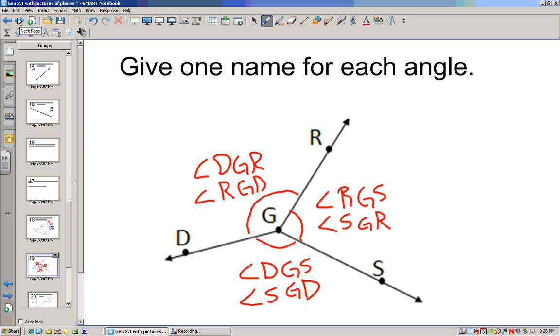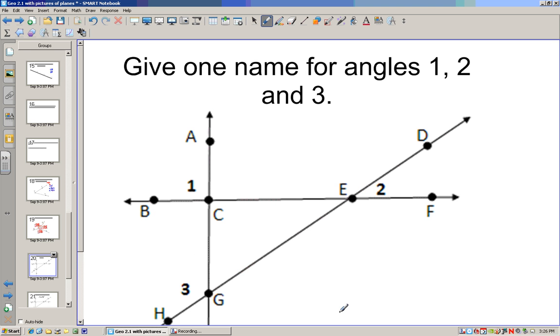Now you should take a second, pause the video, and try to name the three angles: angle 1, angle 2, and angle 3. There are two different ways we can name this angle: angle ACB or angle BCA.